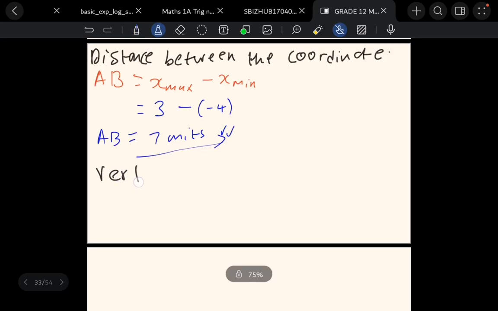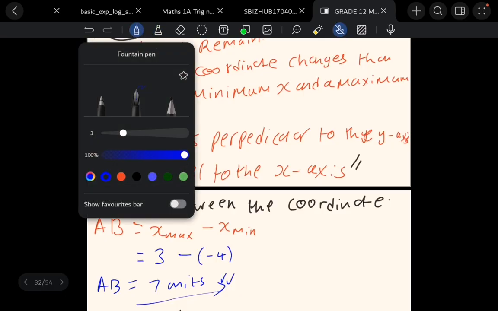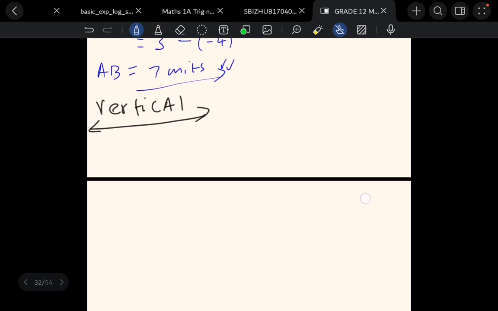Vertical. Now, in a vertical distance, what you need to know is the same thing, really. Because the line is vertical like this, your x-coordinate does not change. The only thing that changes is the y-coordinate.